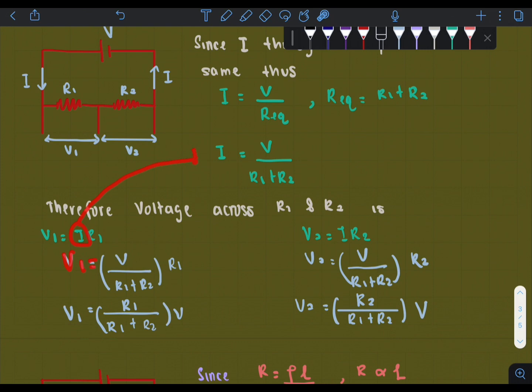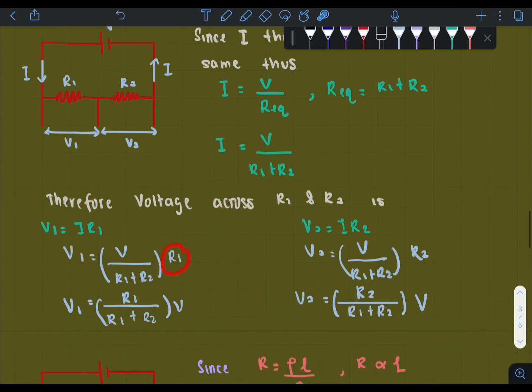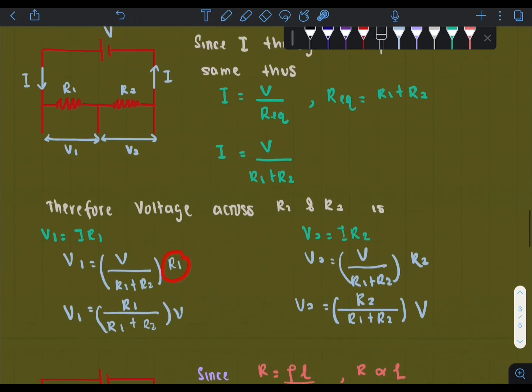We have deduced that it is equal to V over R equivalent. So, I'm going to substitute this into the equation here and then multiply with R1. Next, I simply rearrange. I insert the R inside here and take the V outside. So, what I get here is the voltage across resistor 1 will be resistor 1 divided by the total resistance, which is the summation of R1 and R2, multiplied with the total power supply.